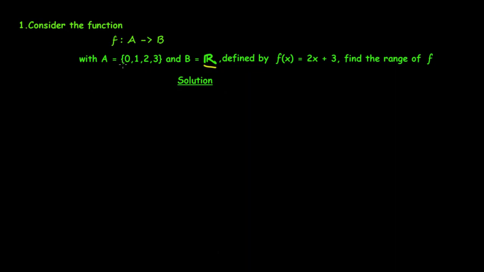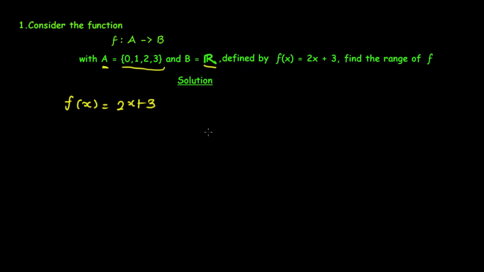We have our input values, which is the domain here, and this is the set containing it: 0, 1, 2, 3. Our function is f of x equals 2x plus 3. In order to get our output values, we're going to put each input value inside this function.